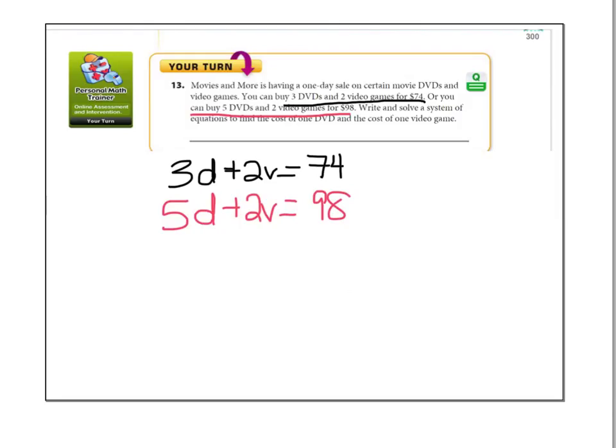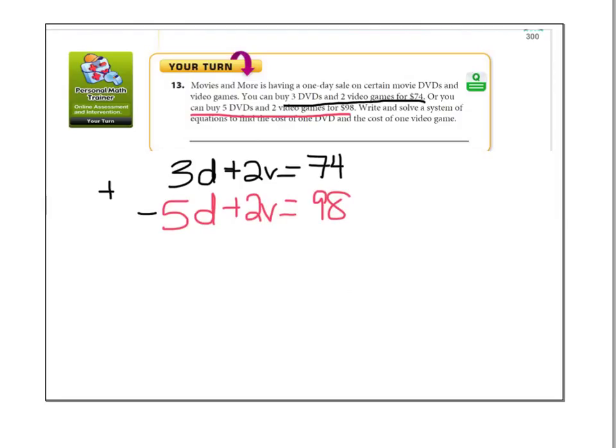So here's my system. And again, it's not about guess and checking. It's about writing the equations for your proof for it. Well, if I look here, if I were to add these together, would anything eliminate? The answer to that is no, but there's a pair that are very close to each other, which are the V's. So because they're both positive 2V's, we know we need to make one the opposite.